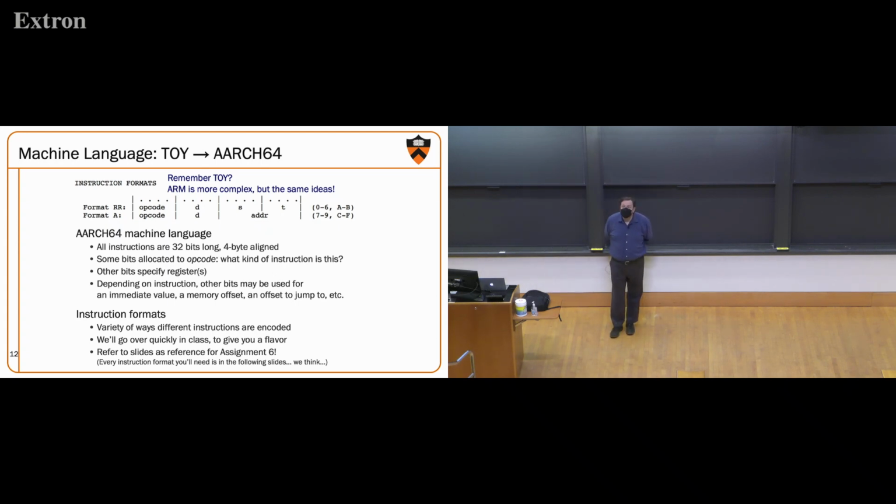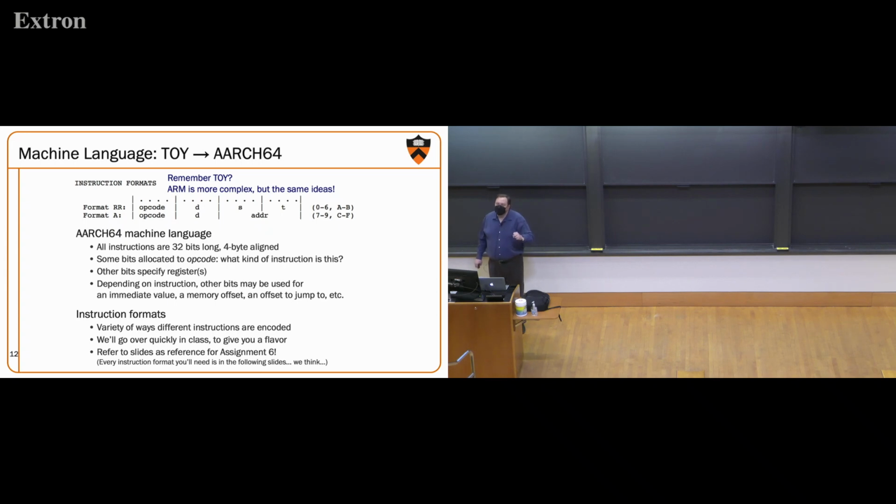What you're expected to do is understand the general concepts and then be able to refer to these slides and refer to the documentation of the AArch64 machine language that's provided on the website as you're working on assignment 6.